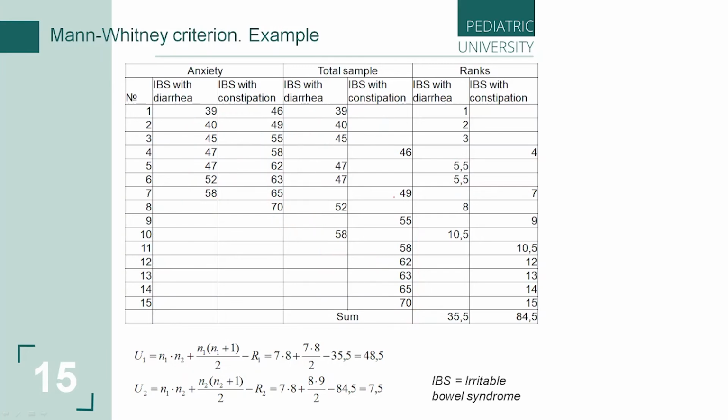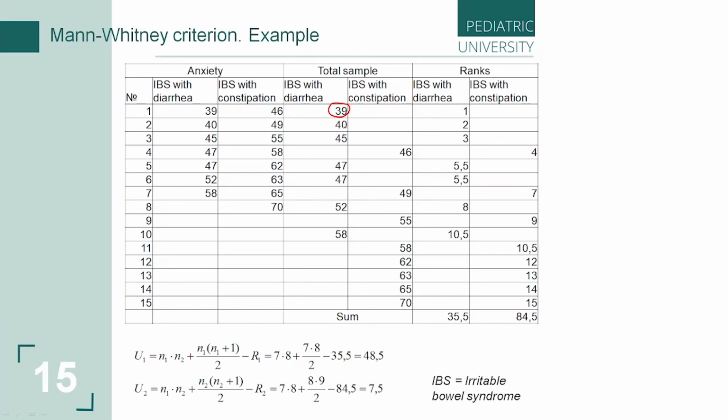So now we need to assign ranks. What is a rank? Rank is just an ordinal number, and there are 15 of them. Look at the first value, 39. The first value is 39, and its rank is 1, because the rank is just the ordinal number.